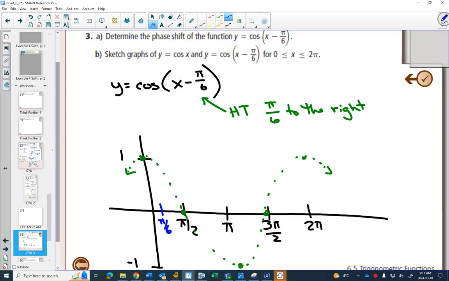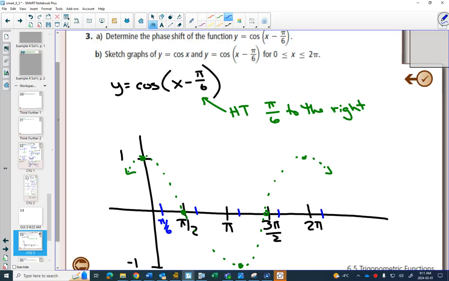So the shortcut for shifting something to the right is we are going to take this little distance that I measured and move all of our tick marks over that distance. You don't even have to label them. Once you've labeled one of them at pi over 6, by default, the other ones are labeled as well.